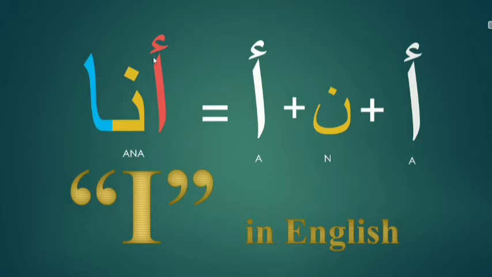We write it in the middle, and at the end we write Alif also, but without the part above it, which is called Hamza. And we now have "I" or "I am" in Arabic, which is أنا.